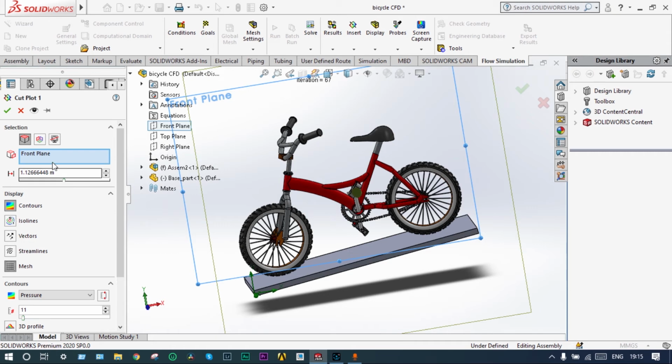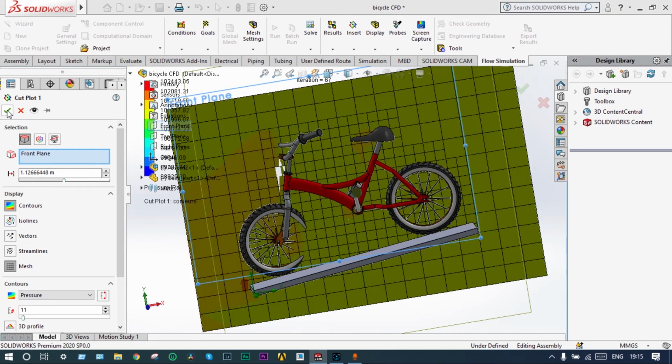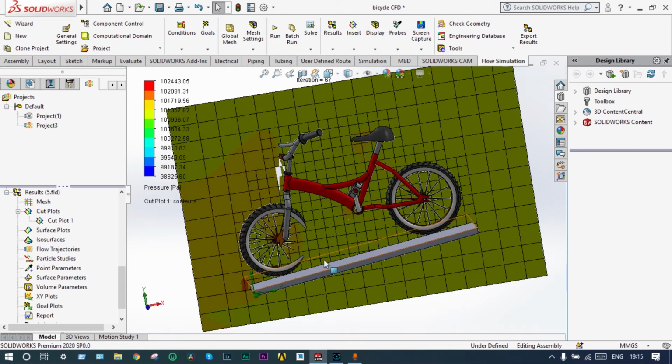Mesh and contours. Let's see that one. That mesh we can refine as per our requirement. We can mesh in a better way. Okay, so clear and hide this part.